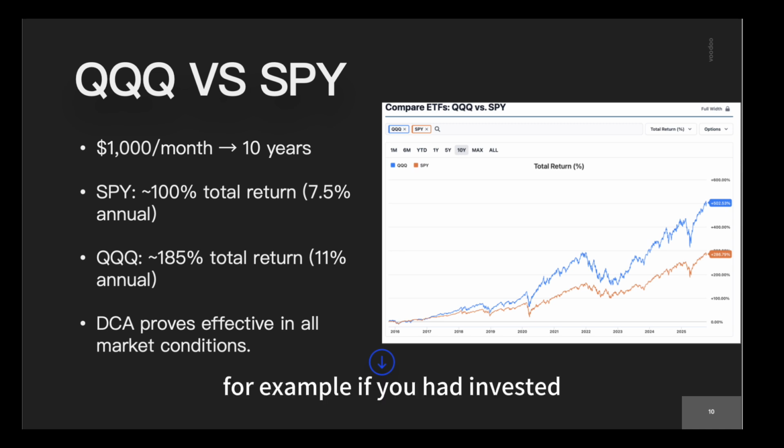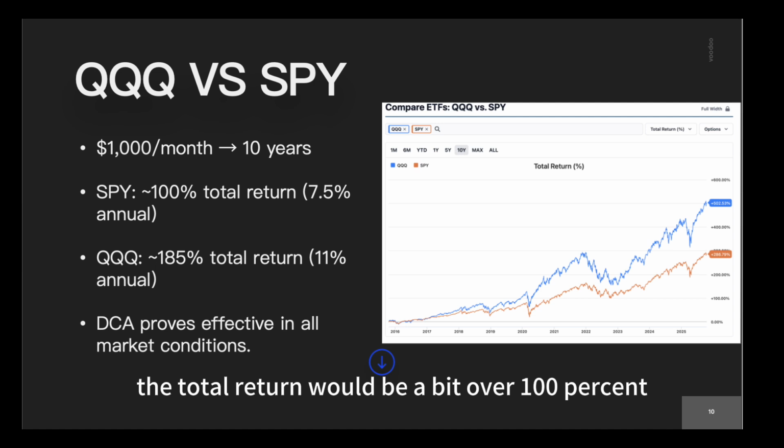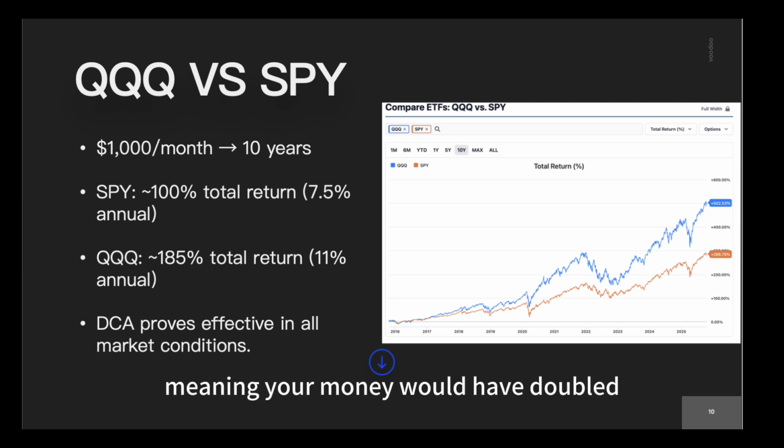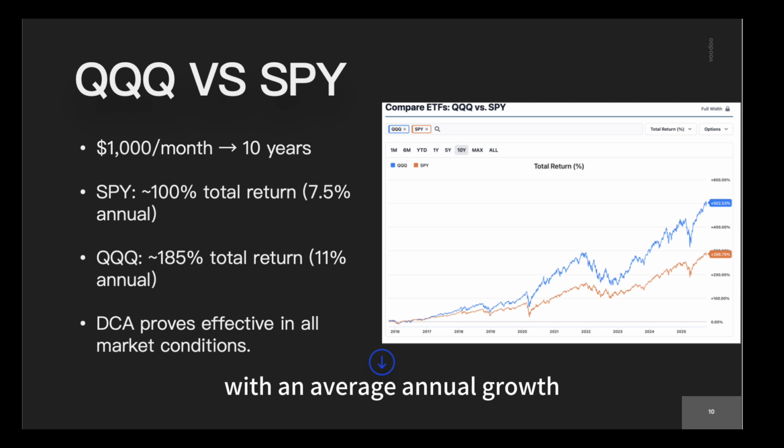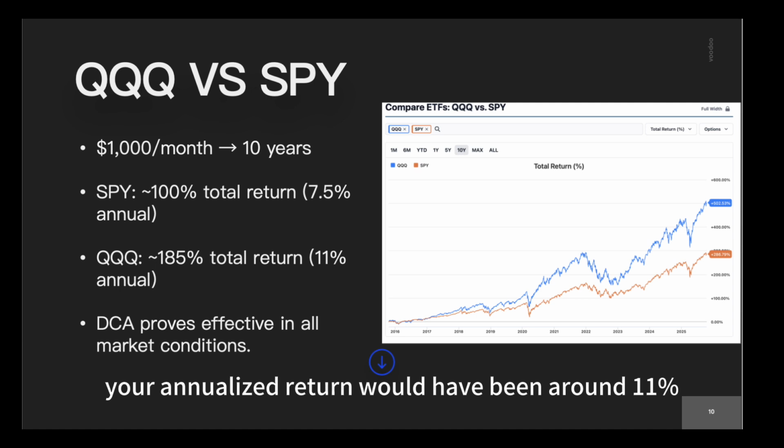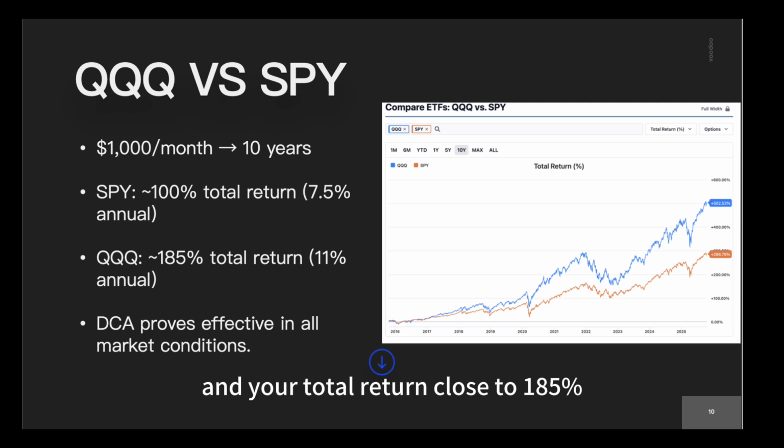For example, if you had invested $1,000 every month in SPY for 10 years from 2014 to 2024, the total return would be a bit over 100%, meaning your money would have doubled with an average annual growth around 7.5%. And if you had done the same with QQQ, your annualized return would have been around 11% and your total return close to 185%, almost tripling your money in 10 years.